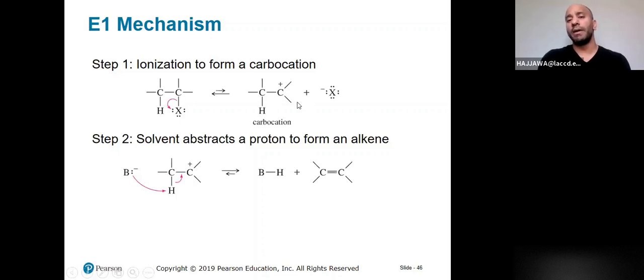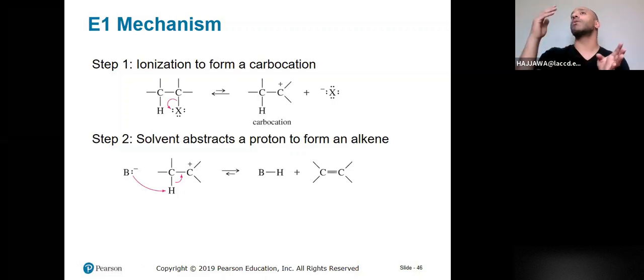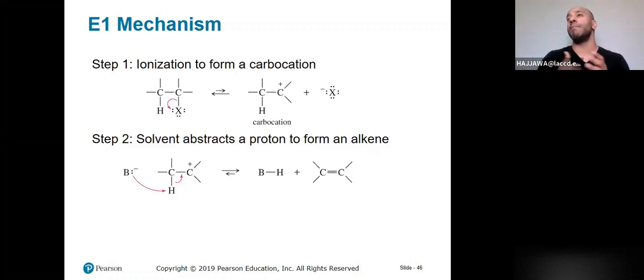Obviously, the E1 mechanism will only happen if you have a tertiary alkyl halide. You will not see a secondary or a primary alkyl halide going through an E1 mechanism. Now, when we discussed SN1, we saw that a secondary alkyl halide may have the chance to go through an SN1 if there is a weak or moderate nucleophile using a polar protic solvent.